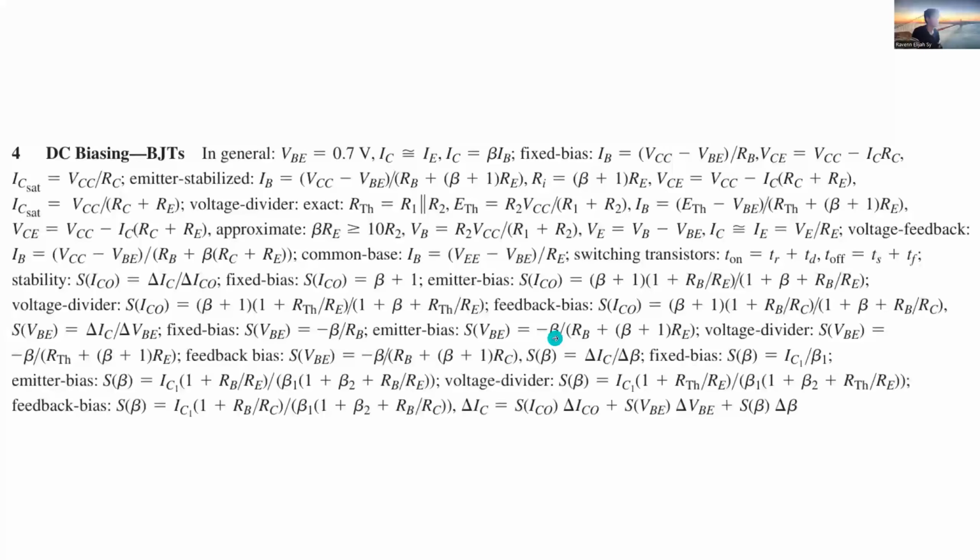These are all the very significant formulas that can be encountered. So next, we will talk about what I said before about the difference of the exact and approximate. What's the difference between computing the parameters of the exact and approximate analysis of a voltage divider bias?